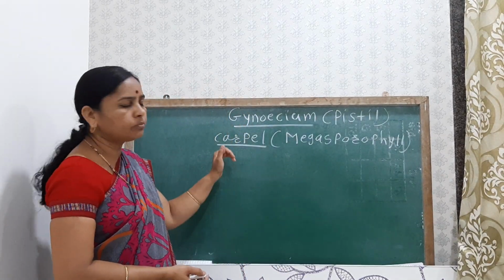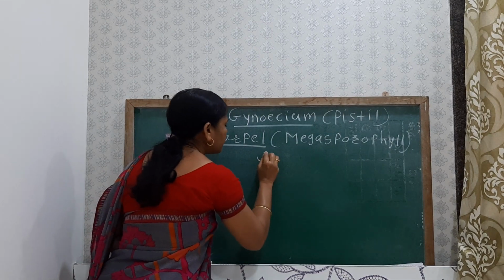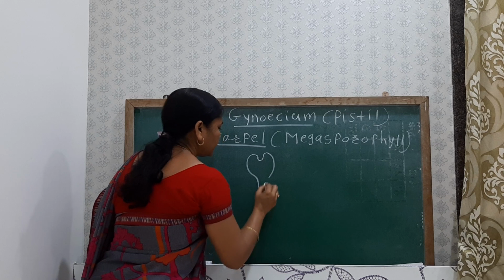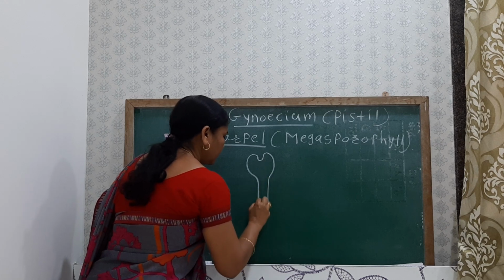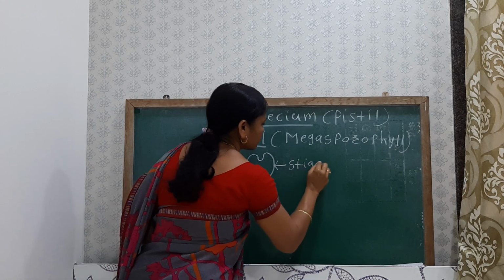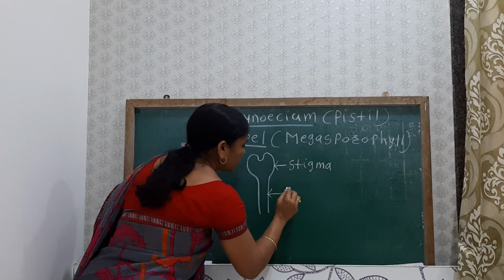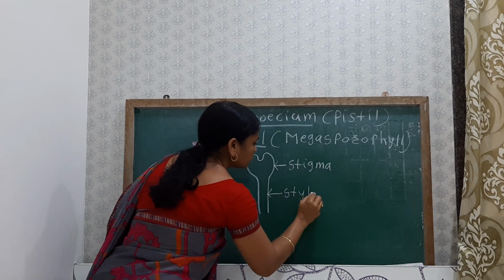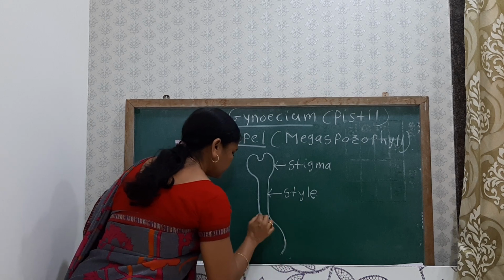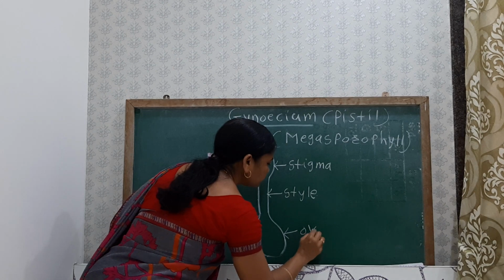So how is the structure of the carpel? Here the carpel has a swollen part at the tip, known as the stigma. Then the elongated portion is known as the style, and then the ovary.